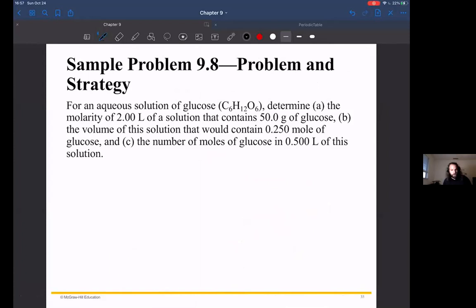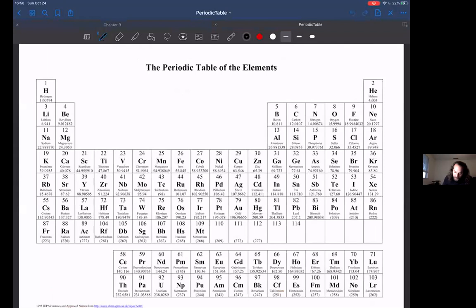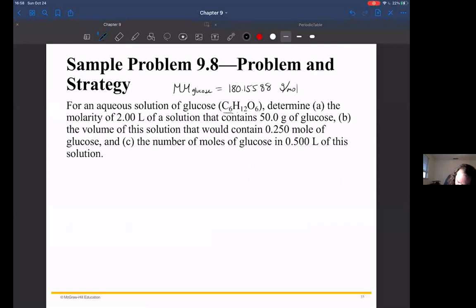Okay, so this first one is part one, and I'll again tell you the molar mass of glucose is 180.15588 grams per mole. I got this by using the periodic table and looking for carbon, hydrogen, and oxygen and accounting for the fact that it's C6H12O6.